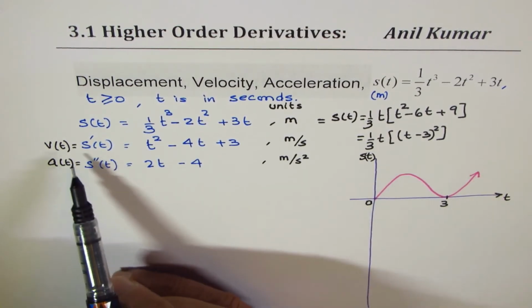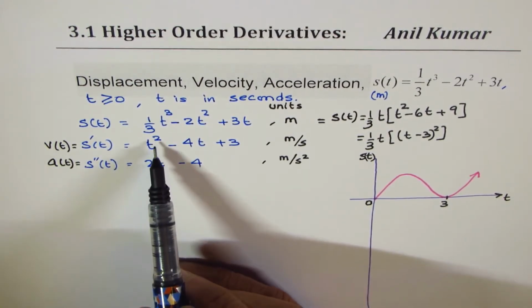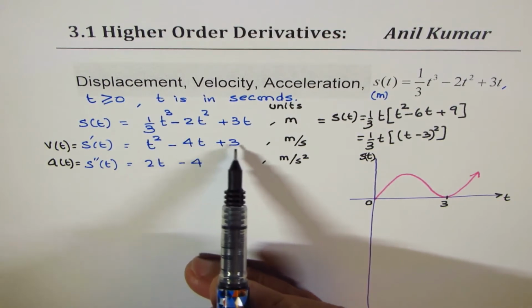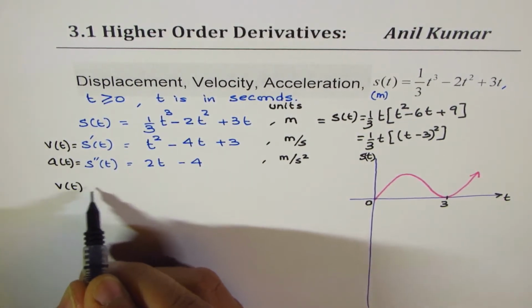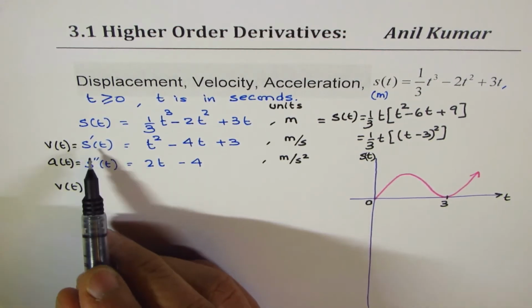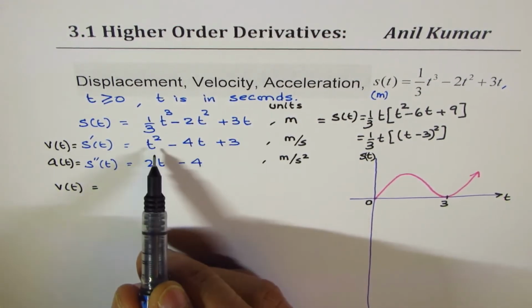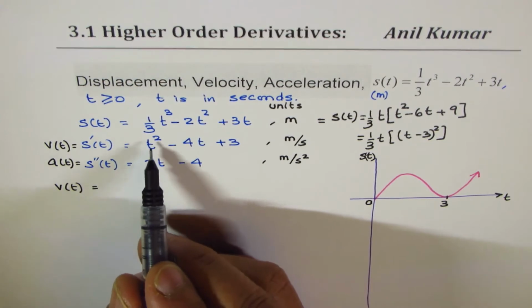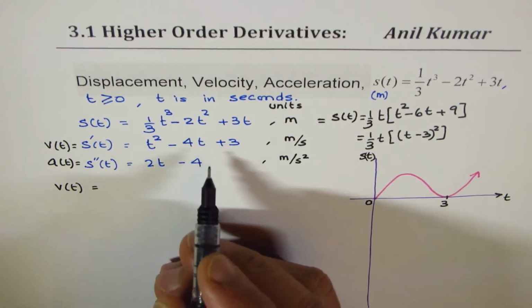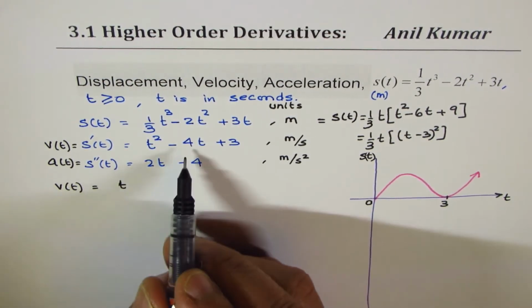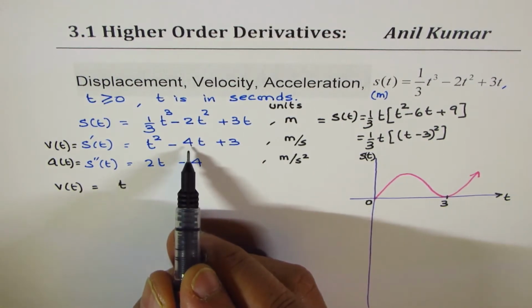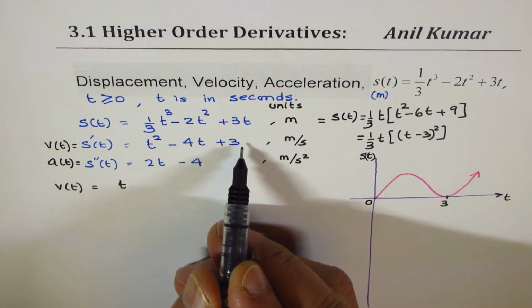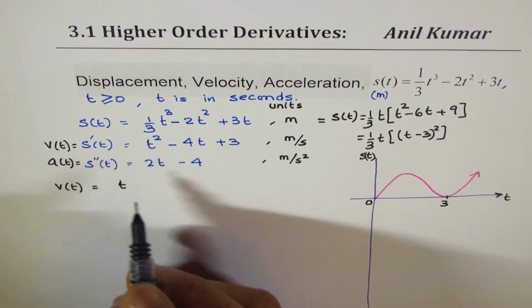Now if we look into the velocity graph, it is t squared minus 4t plus 3. Let me rewrite this. We have velocity as the derivative of displacement. I can factor this also. t squared minus 4t plus 3 can be written as a product of 3 and 1 will give me 3, and the sum, both negative, will give me minus 4.